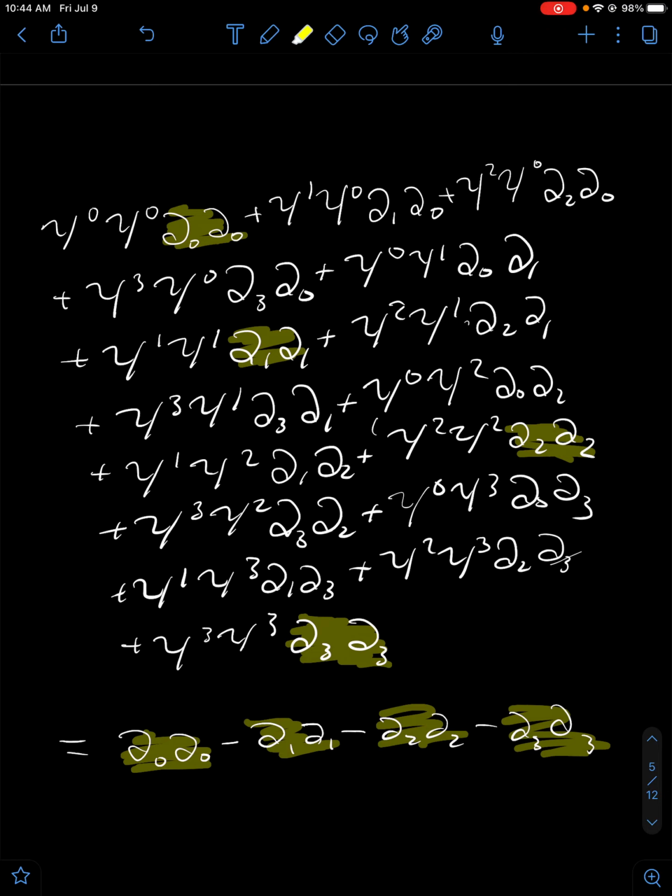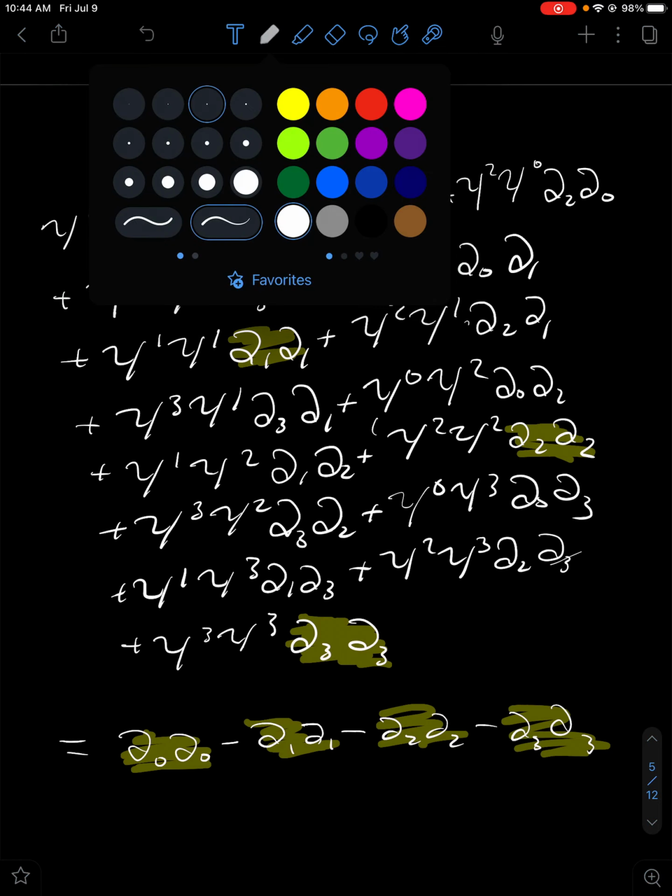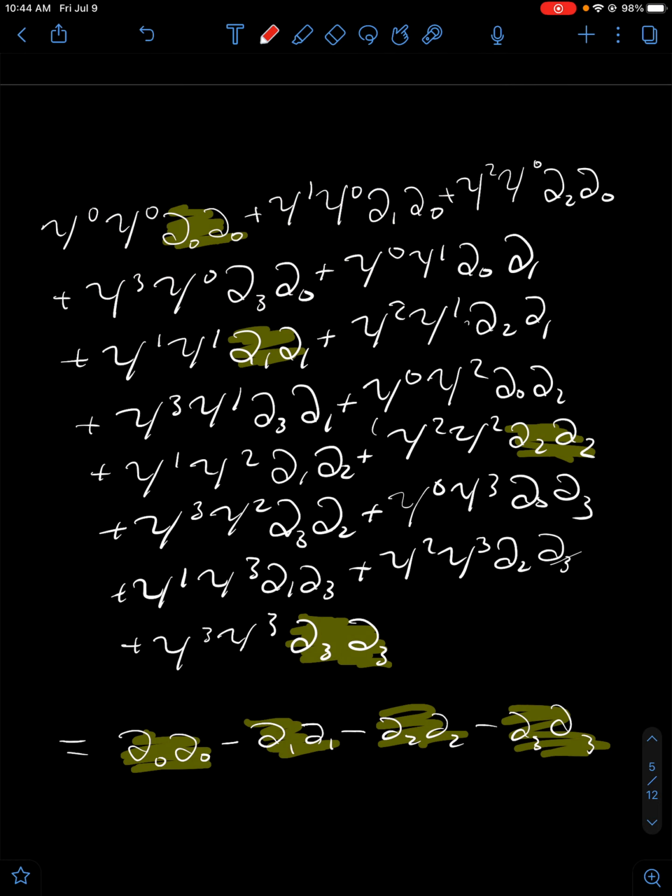So we want to equate them to terms that already exist in the sum, which implies that this would have to be 1. This should be 1, and this should be 1, and this should be 1. Since these should be minus 1 actually. My bad.